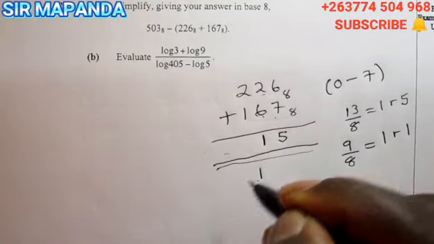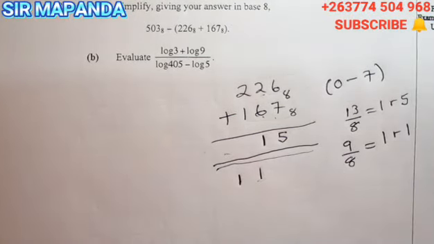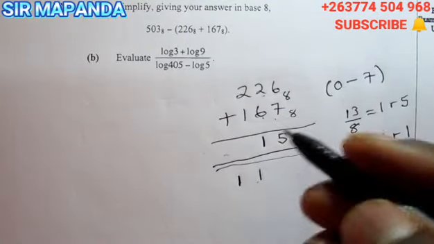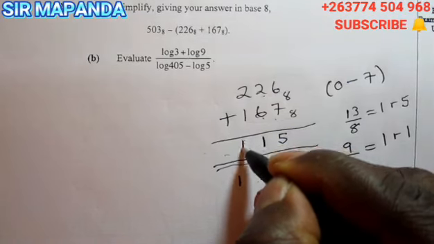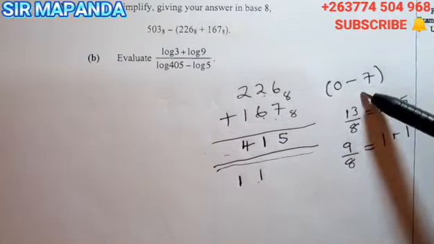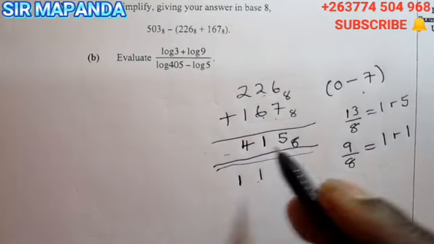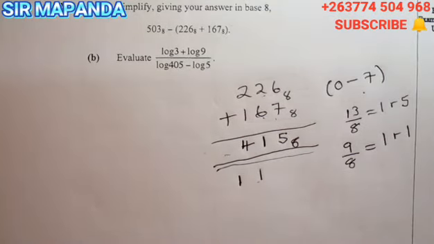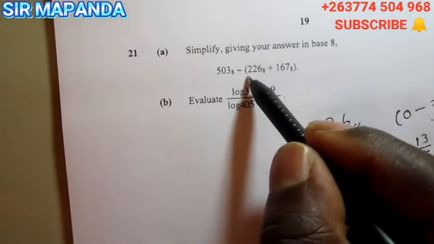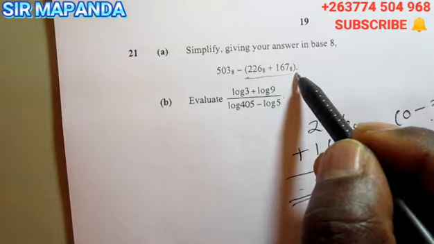You write 1 here, then carry this 1. 2 plus 1 is 3, plus 1, you get 4. There is no need to divide 4 since 4 is within the range. So your answer is 415 to base 8, which is not the final answer but represents the sum of the number bases inside the bracket.